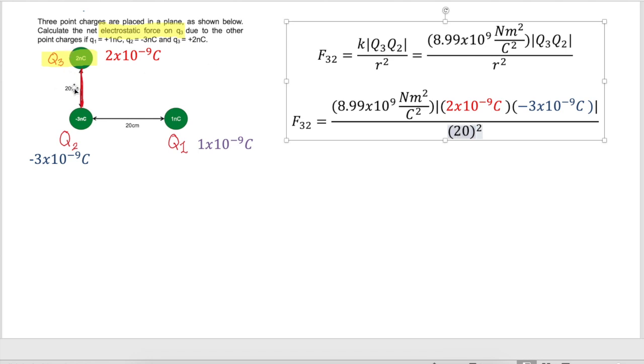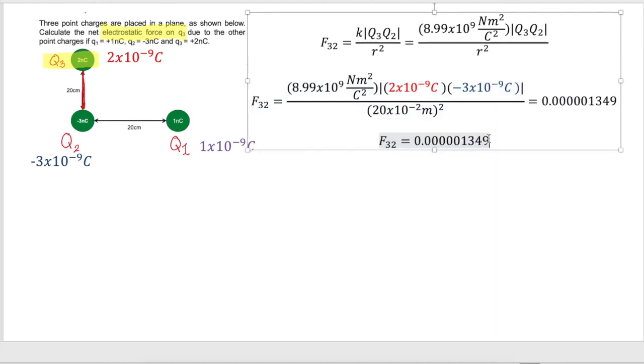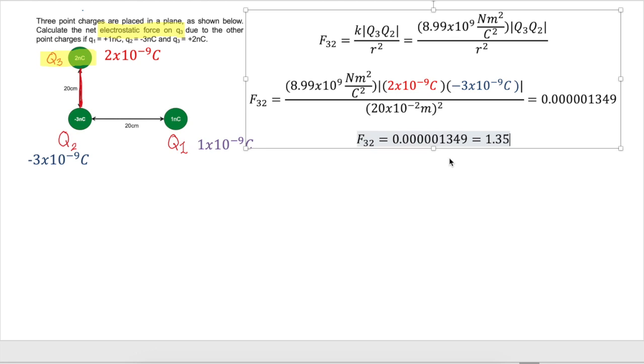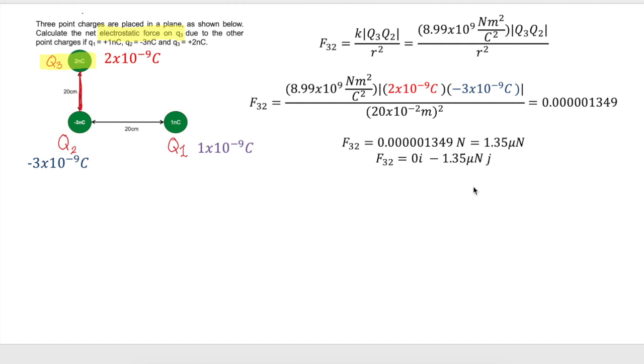Remember, 20 centimeters is times 10 to the negative 2 meters. I hope you still remember that. And that is equal to this one. But remember, we can also write this as 1.35 micronewton.